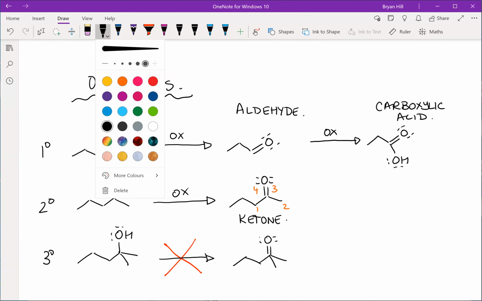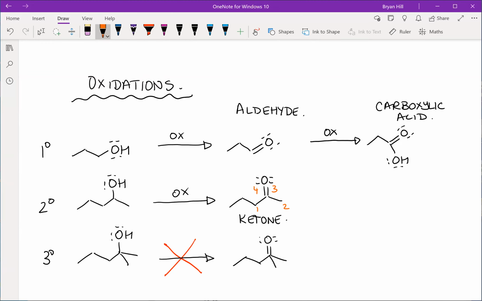We've got 1, 2, 3, 4, 5. So that's a big no-no. So tertiary alcohols are effectively immune to oxidation. And so out of all of these, probably the most interesting one is the primary alcohol because it can be oxidized into two different products, whereas the secondary alcohol can only be oxidized to the ketone.